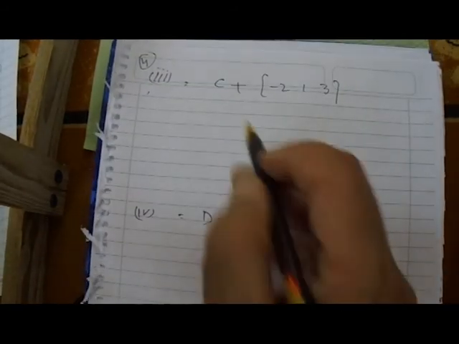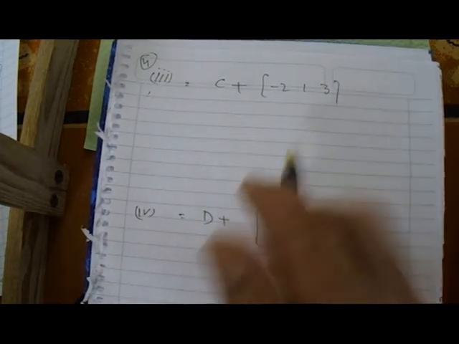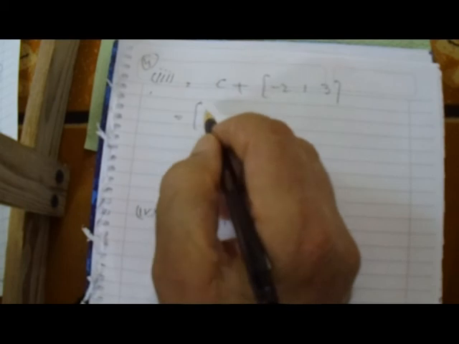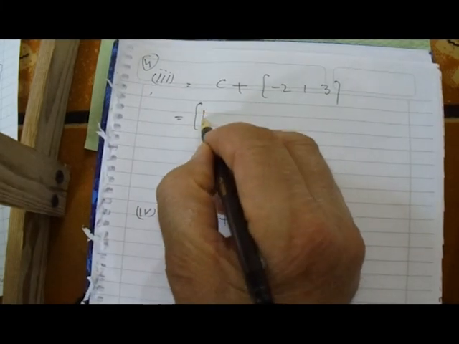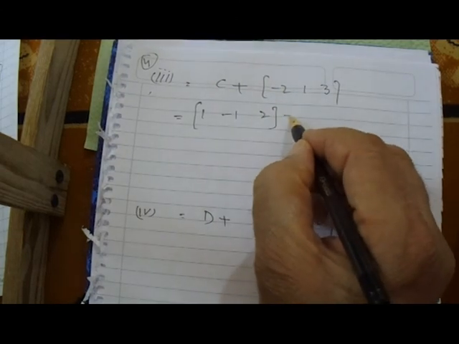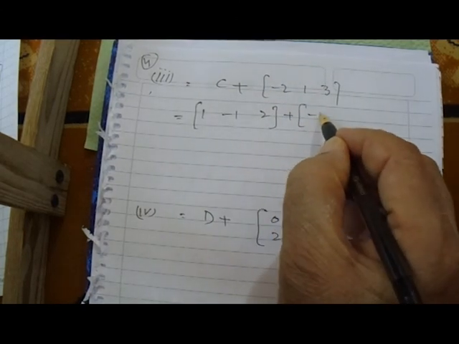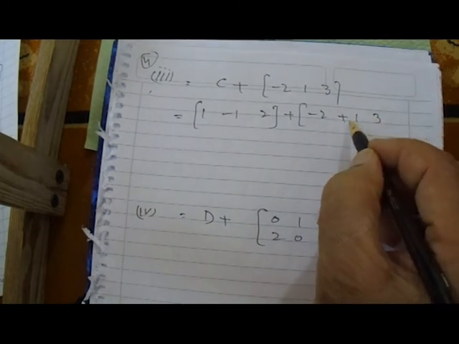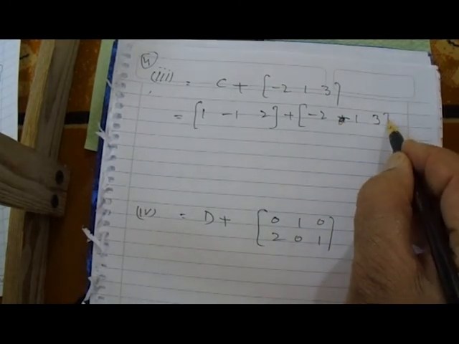Again the third part is C, this C plus this matrix, and we write here the C matrix. C matrix is given, this is 1 -1 and 2. Now write here plus this matrix -2 plus 1 and 3. This is our matrix.